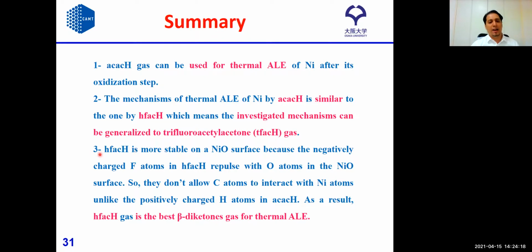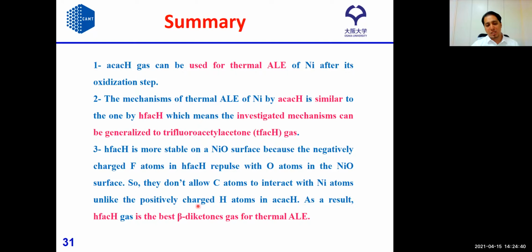The last point here I have: hfacH is more stable on a nickel oxide surface because the negatively charged fluorine atoms in hfacH repulse with oxygen atoms in the nickel oxide surface. So they don't allow carbon atoms in hfacH to interact with nickel atoms.